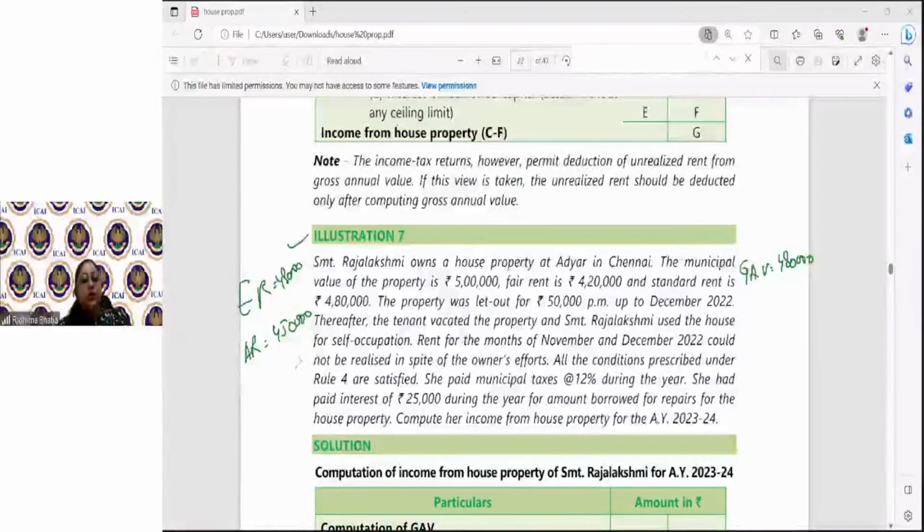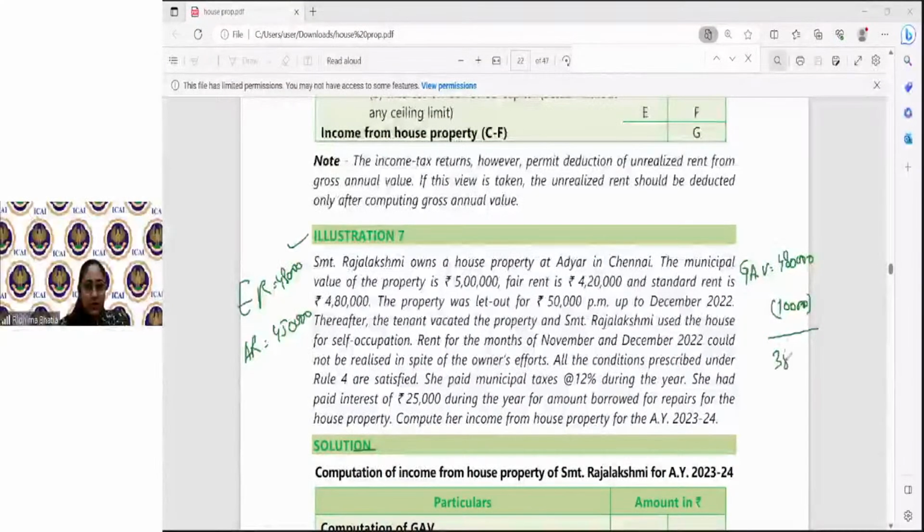Actual rent में से gross unrealized rent को minus कर लो, that is minus 1 lakh. या you can, as per the income tax return form, once you calculate gross annual value, then you reduce your unrealized rent of 1 lakh. 480 minus 1 lakh minus municipal taxes paid.